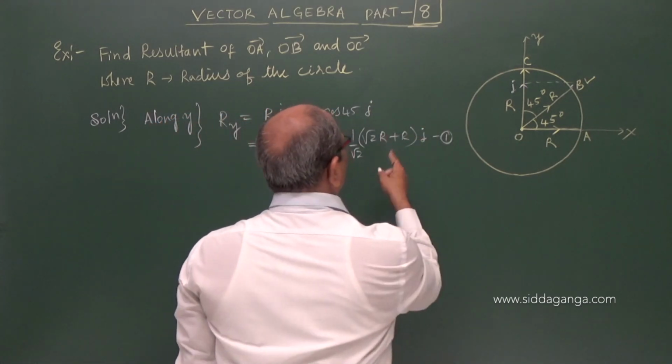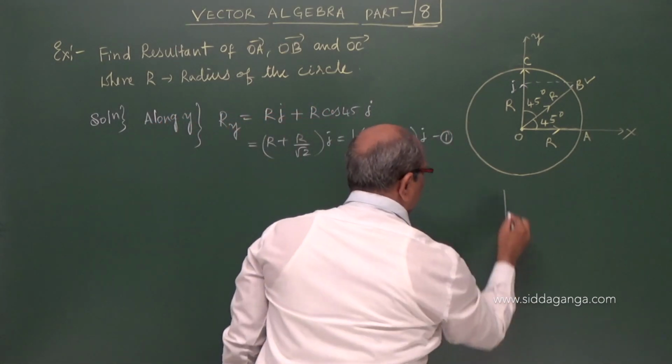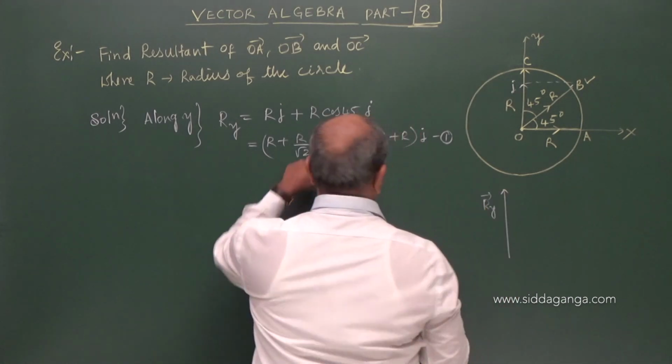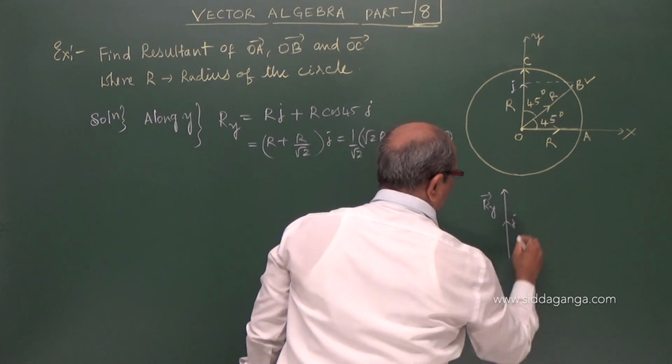That means what I got is a vector along Y, along j.